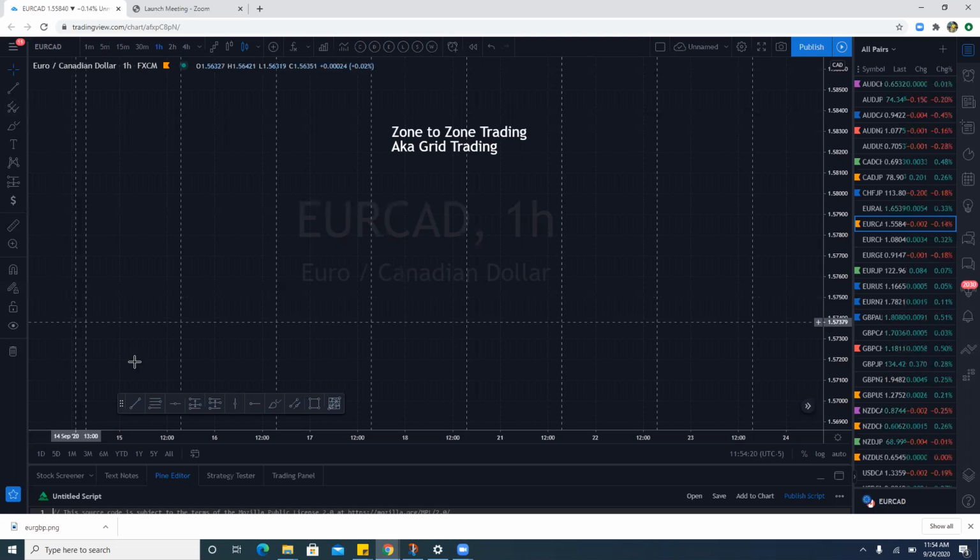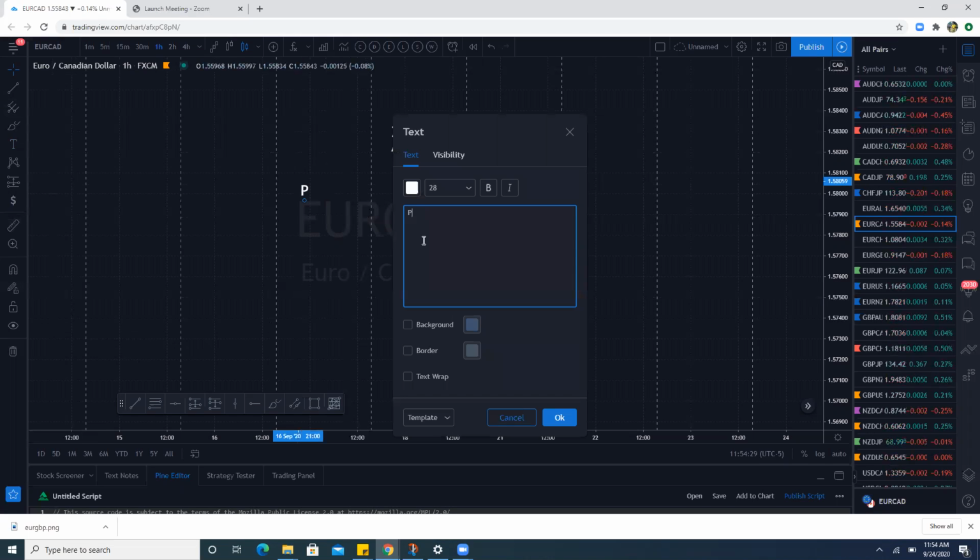So a couple things that go into zone trading is that price must react to the zone, and then price has a history of respecting that price area.